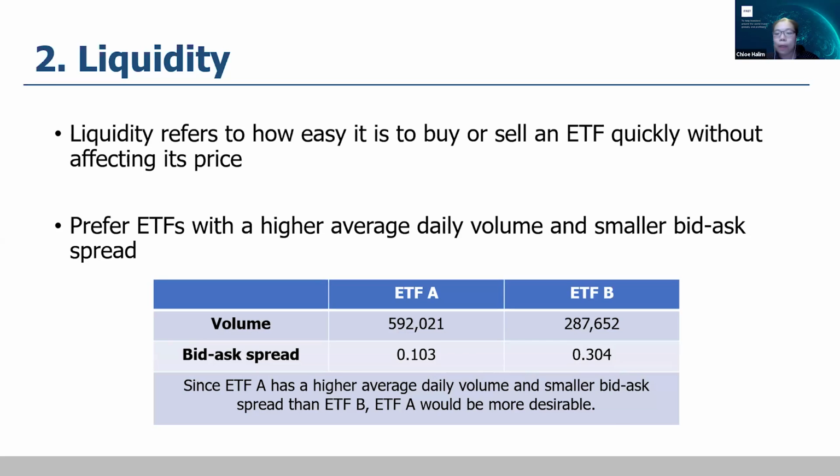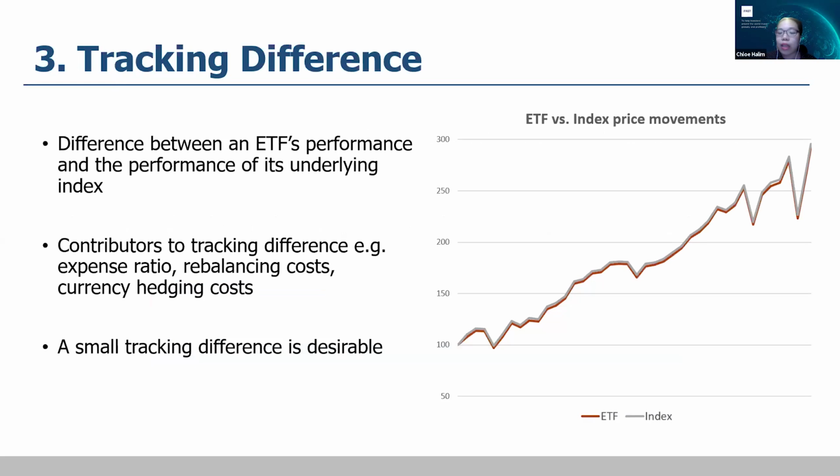So on the next slide, the last quantitative factor that we look at is the tracking difference. And this is essentially the difference between the ETF's performance and the performance of its underlying index, given that ETFs track an underlying index. And there will always be a tracking difference, as it arises due to many factors such as expense ratio, rebalancing costs, currency hedging costs, and securities lending costs, so on and so forth.